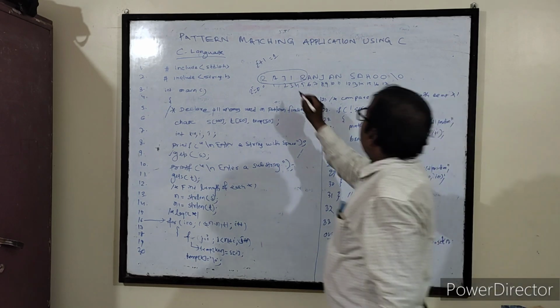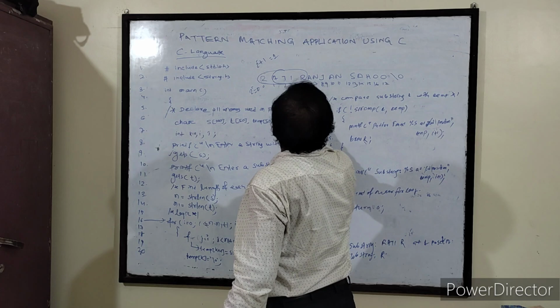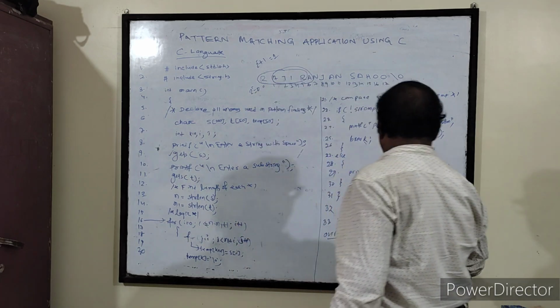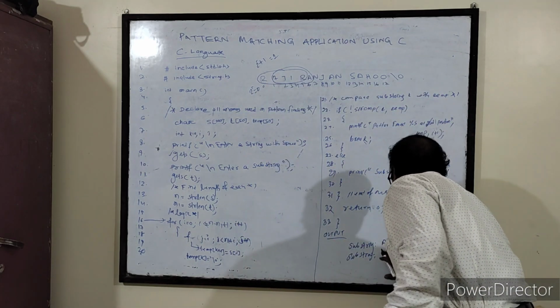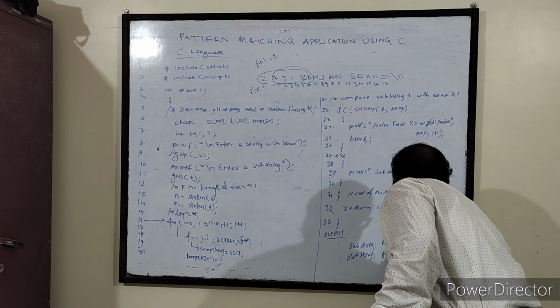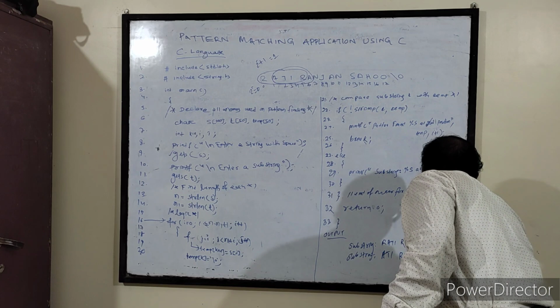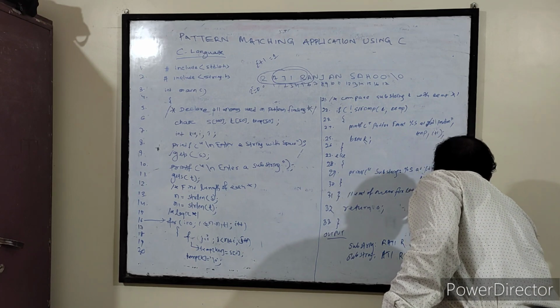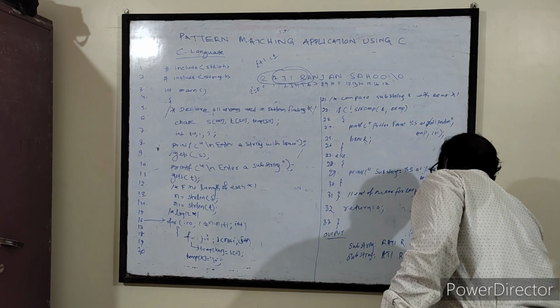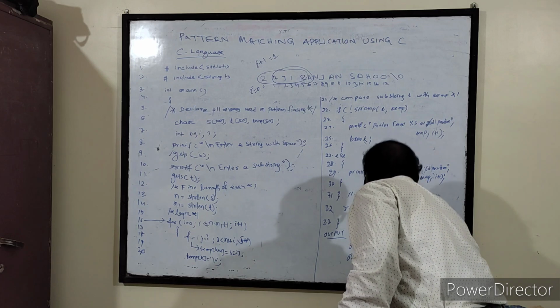Similarly, we will get the second substring here. What is the second substring we are going to get? We get here A T I space R A at 2 position. So repeat this process.